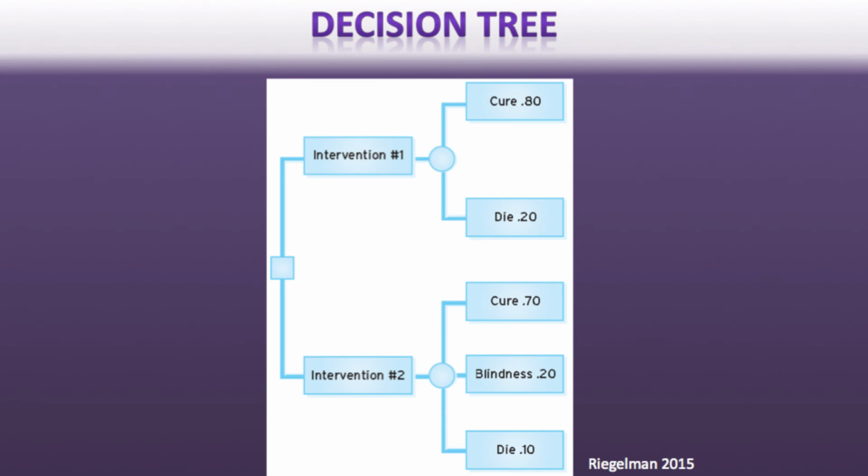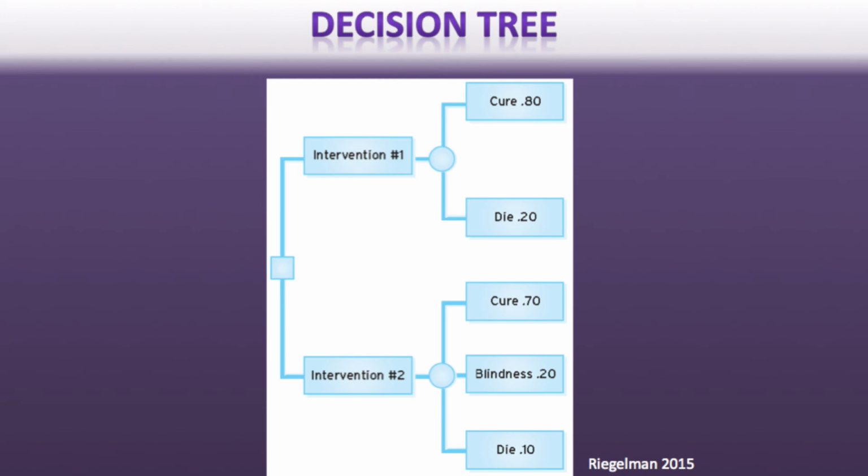So here in this example, if you have intervention 1, say drug 1, this might be a case where for people who get this intervention, you have about an 80% probability of curing somebody, but someone's chance of dying is about 20%, okay?